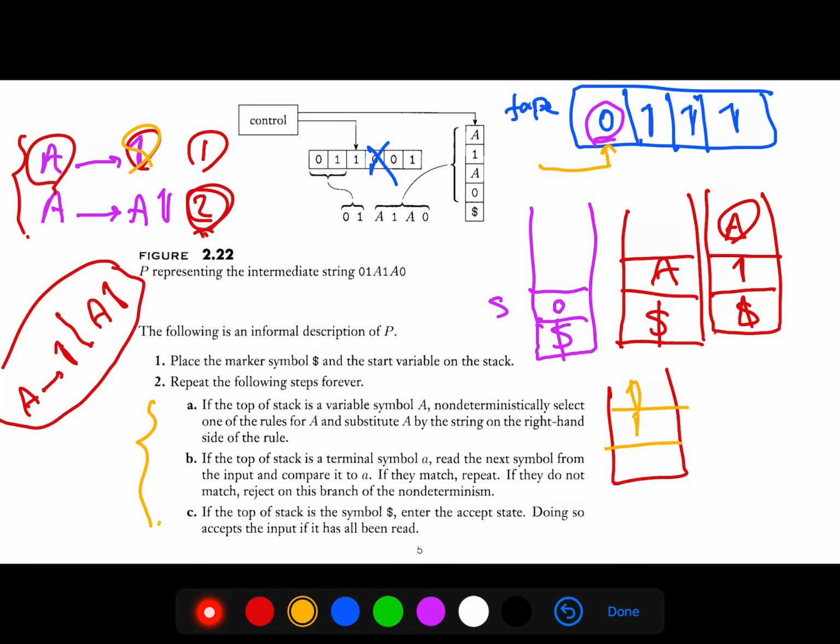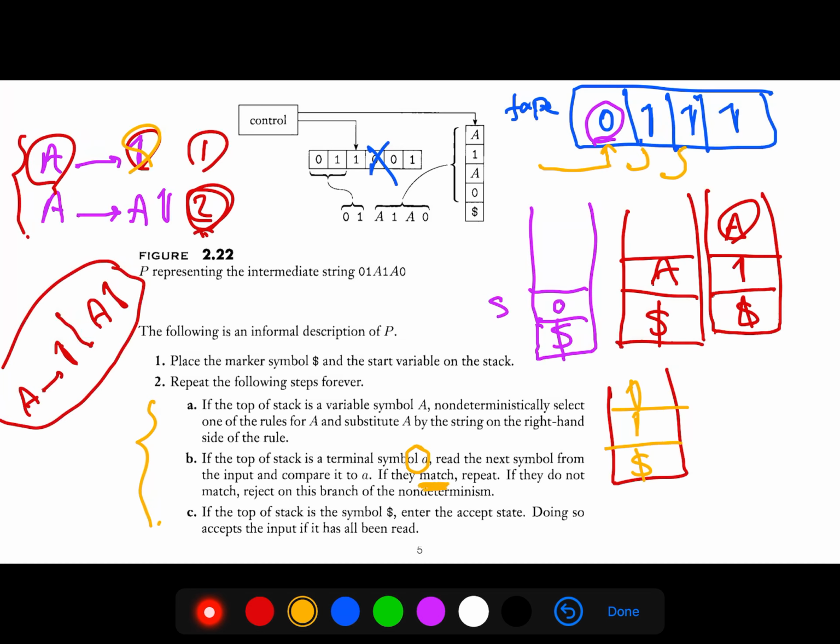But here, if the top of the stack is a terminal symbol, such as 1, then you can read the next step. You read the next symbol. Now I can read the next symbol here, and it is 1, so it is okay. So I pop that and I go to the next one. So my stack looks like this: 1, 1, and then $. And because the next one is 1, it accepts, they match here.